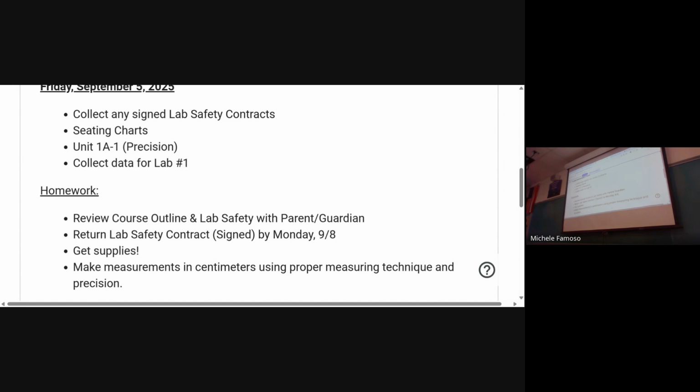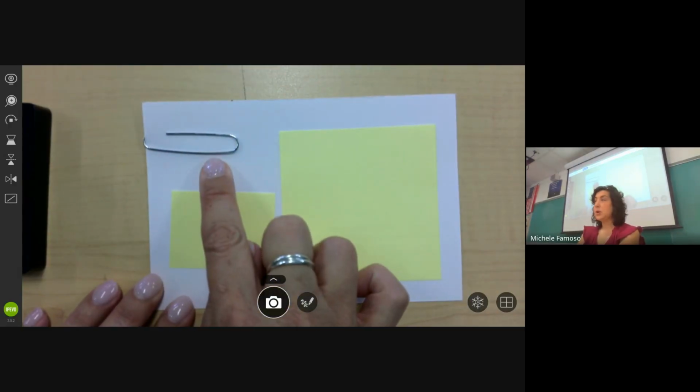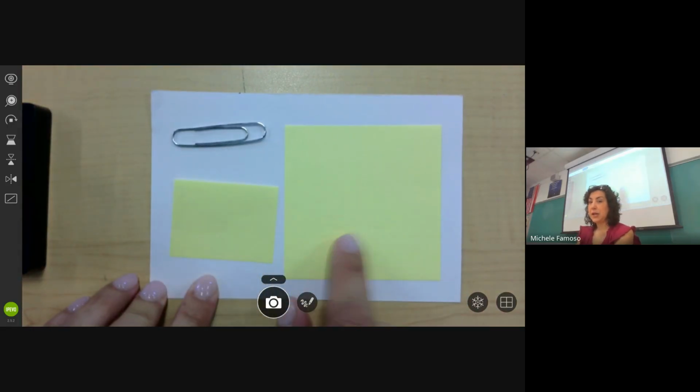These are common supply items. And there are 4 things here. Let's just make sure we know what they are. The 4 things include this index card, a paper clip, a small Post-it, and a large Post-it.